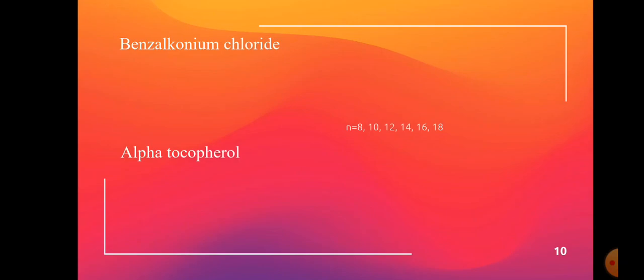Coming to the next compound, that is benzalkonium chloride. This is the structure of benzalkonium chloride where N may be 8, 10, 12, 14, 16 or 18.